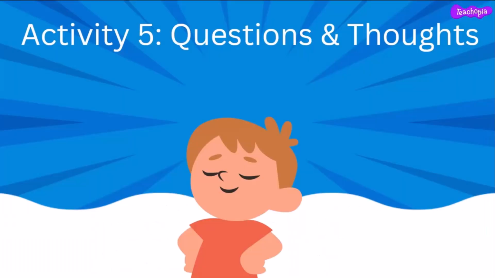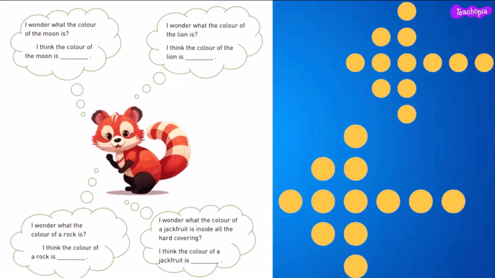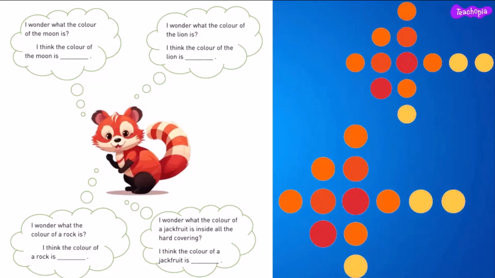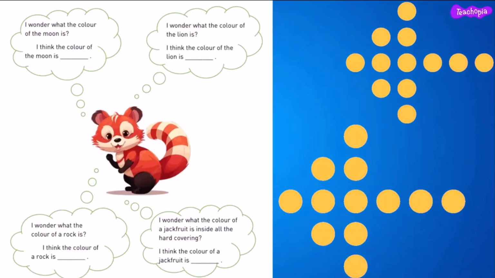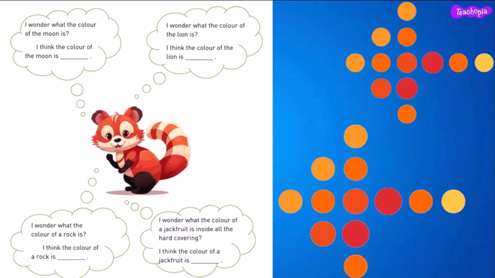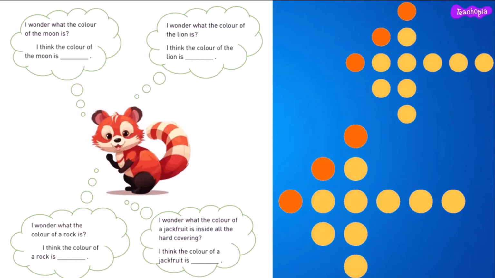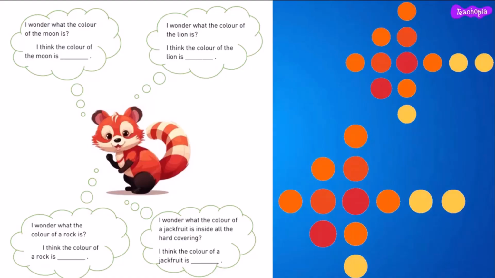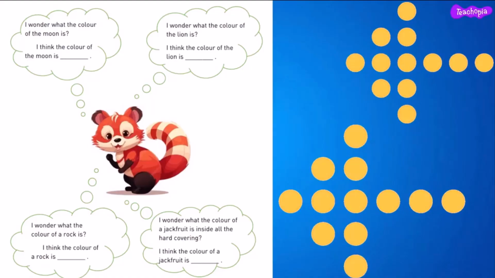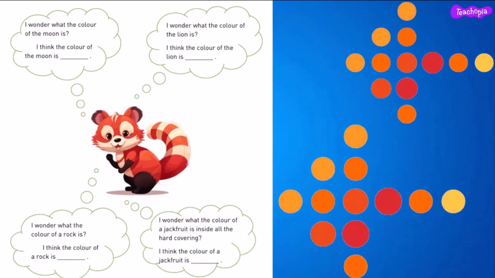Activity 5 is questions and thoughts. Something very interesting. Here there are certain questions asked, and the learners should provide the answers. For example, the first one, I wonder what the color of the moon is. You can ask our learners what the color of the moon is.